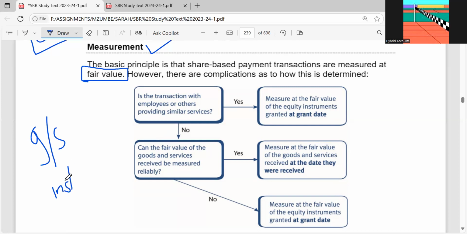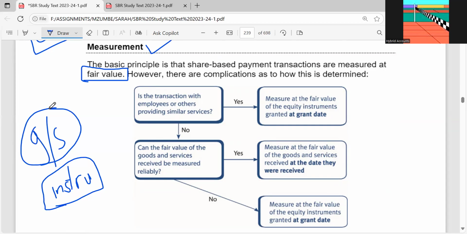Instruments are just the documents, right? Documentation. So usually we focus on the fair value of these instruments of ours. But in case it's not possible, you could go and focus on the goods or services themselves. So it's between these two. The first focus is on the instruments, but in case that's not possible, you go back to the goods or services.